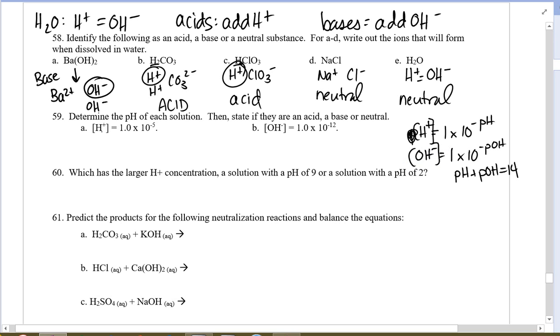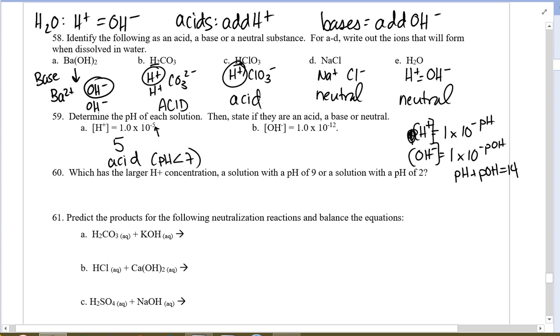So if I look right here, the hydrogen ion concentration is 1 times 10 to the negative fifth. This equation tells us that the exponent is the pH. So this is going to have a pH of 5. I just looked at that exponent. And this is an acid because acids have pHs below 7.